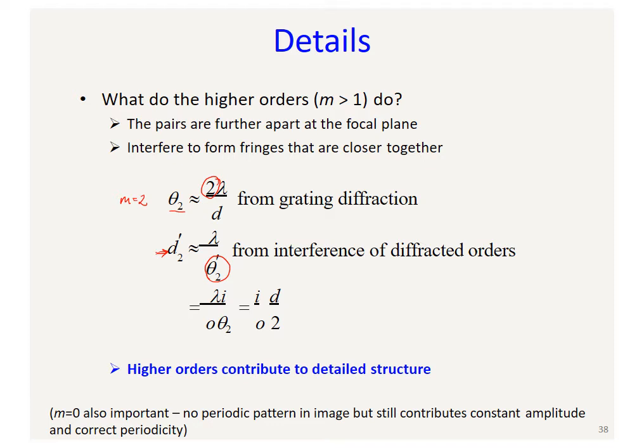If we work through the algebra here, you can see that it's going to be the magnification times the spacing of the grating divided by 2 in this case. So that's going to be a higher frequency cosine that you're adding to the image, and that means we're going to see more detailed structure in the image.